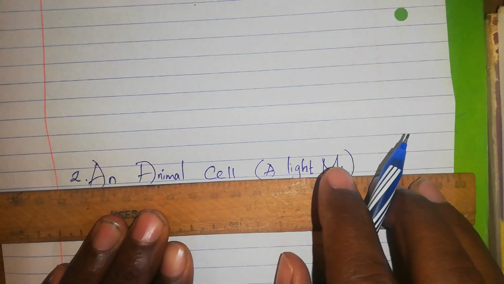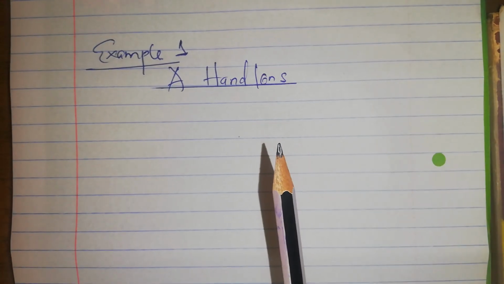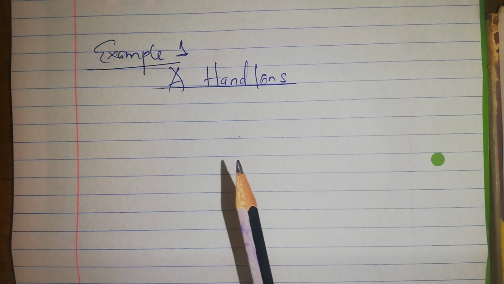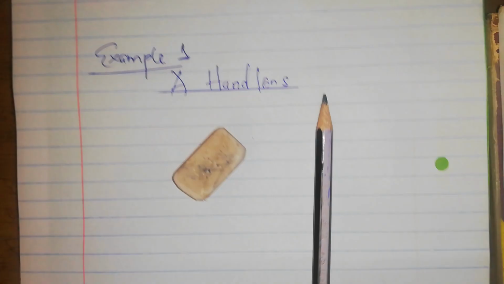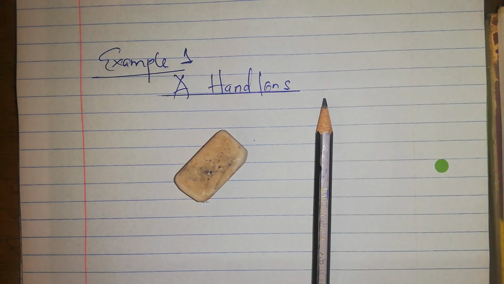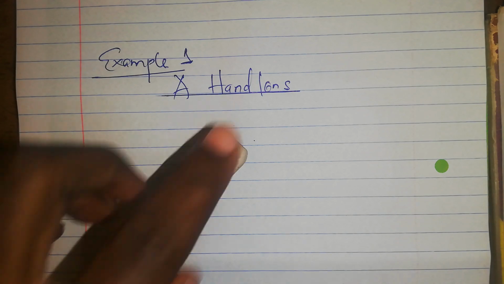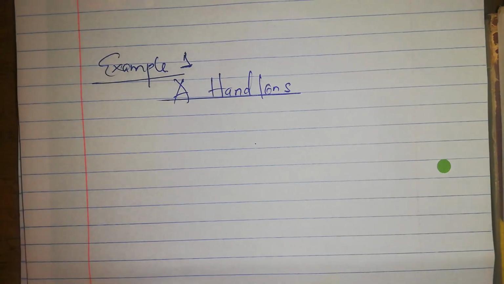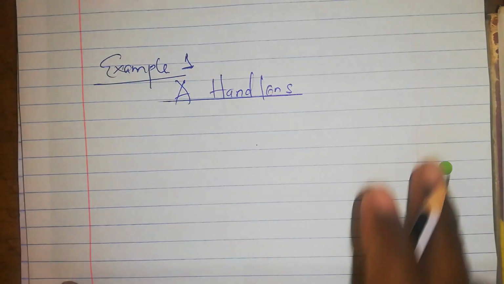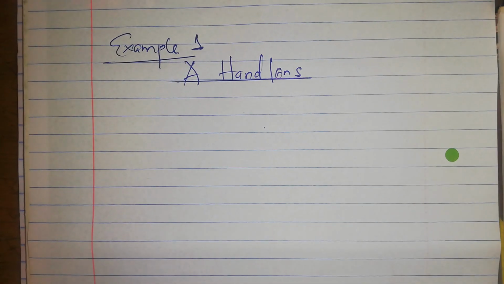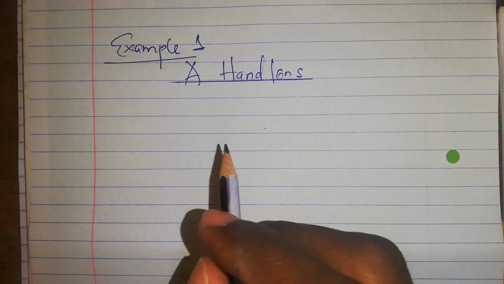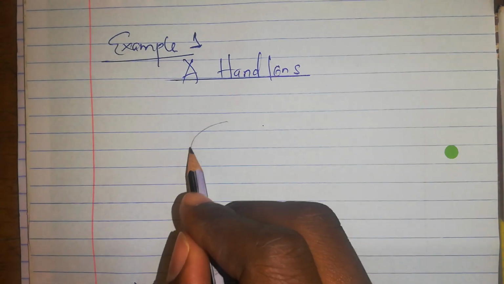So let us see how you make these drawings, in reference to the principles of making biological drawings. My sharp pencil is here. Of course, I must also have a rubber. Just a simple one, a hand lens, magnifying glass. So this is what you do. Look at the amount of space that I'm given. At least I should use more than half, and this is what I come up with.